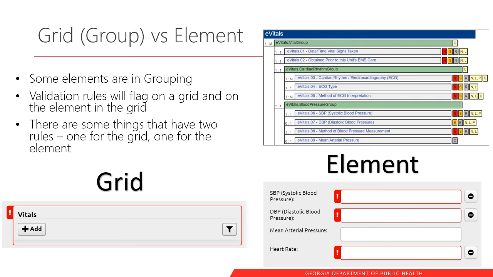So we want you to see that there's an error or a warning based on the grid. Then when you click into the grid, like on this screen, if you were to click on add on the vital signs, you would see which vital signs you need to do. That's why we sometimes have two rules that address the same comparison. One is for the grouping, like I said for vital signs, and the other is for the specific element.